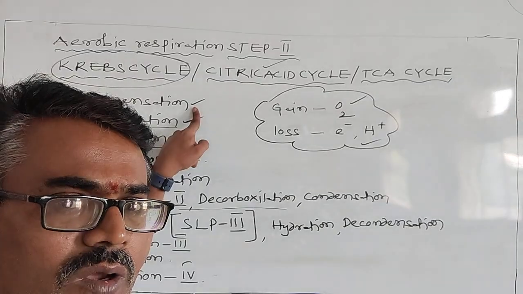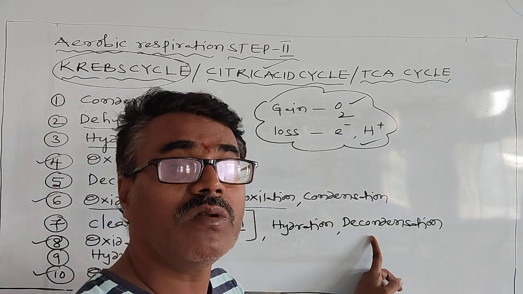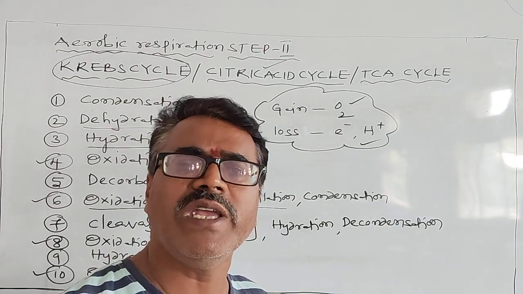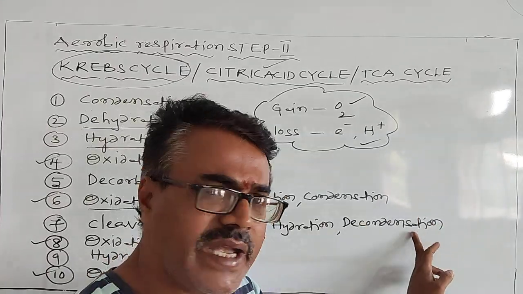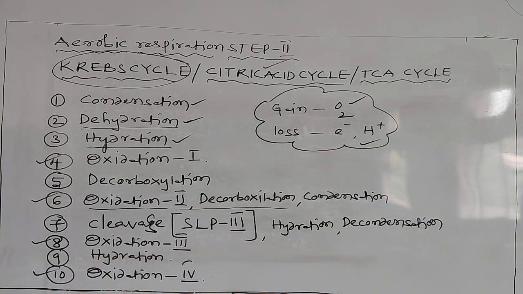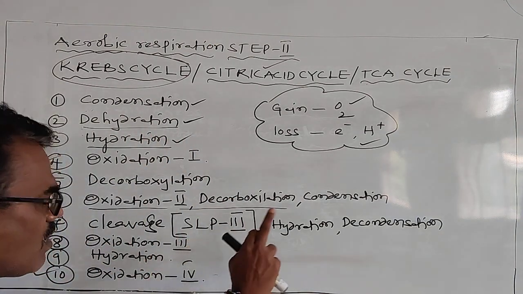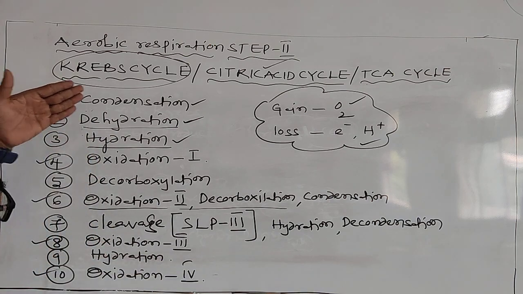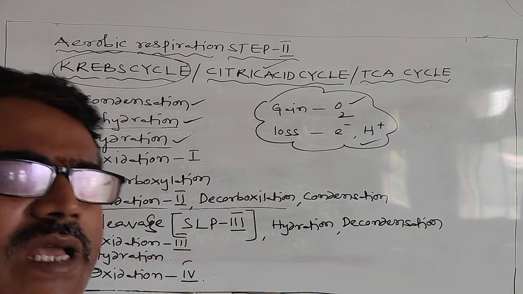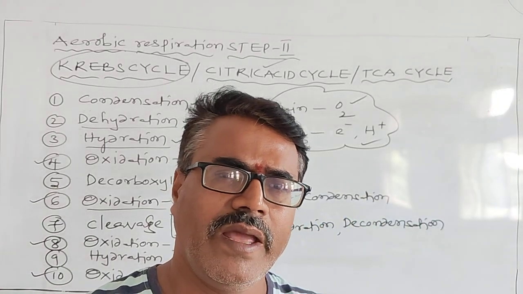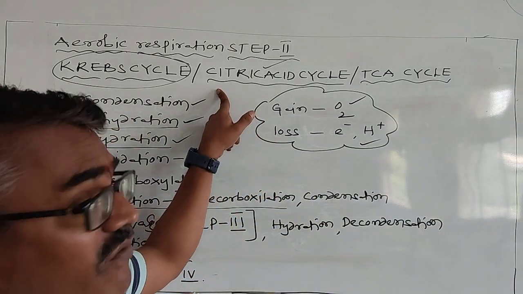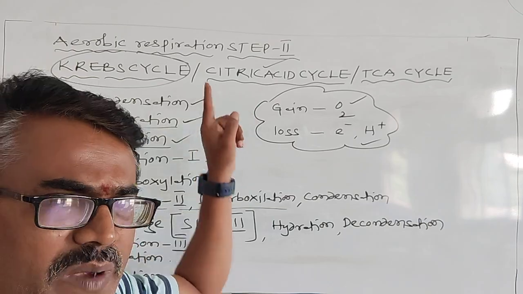In this large compound, the smaller compound is eliminated, particularly coenzyme A. The coenzyme A is eliminated in this step, so that is decondensation. Right. Next, the 8th one, oxidation, already discussed. Next, hydration. Oxidation 4.